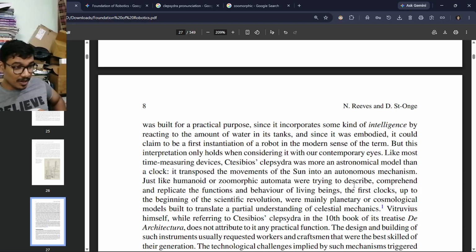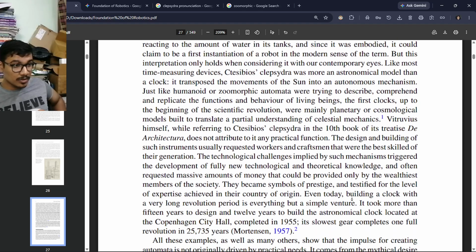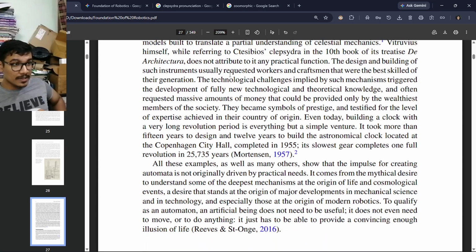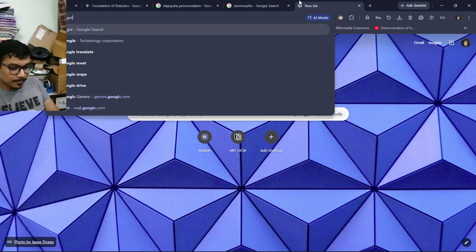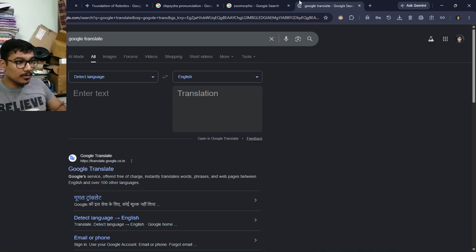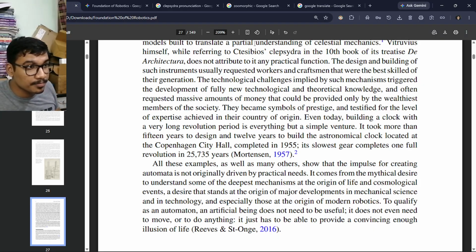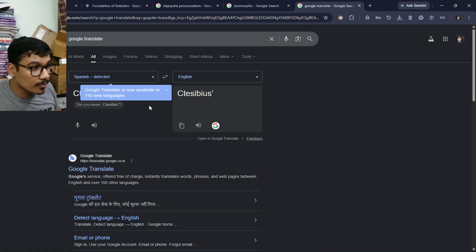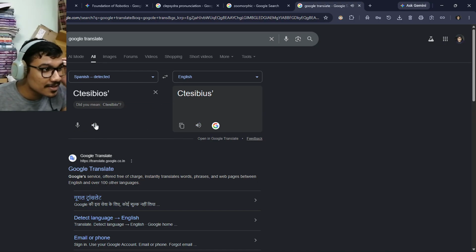Wordsworth himself, while referring to... Ctesibius? How do you say that? Tesaibios.